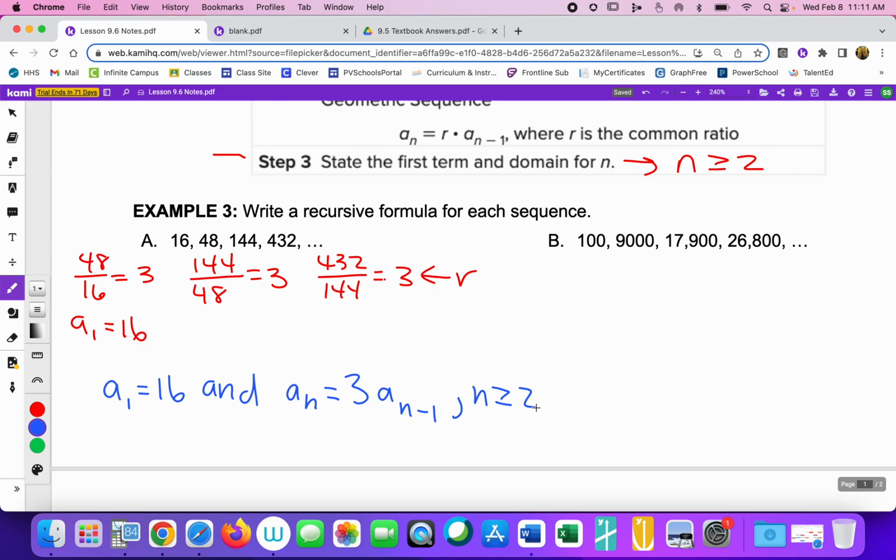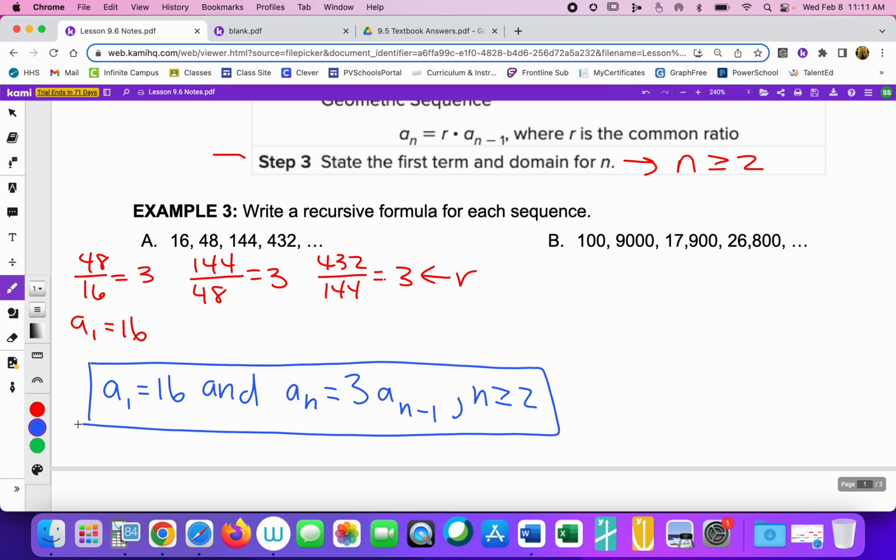Wait, we need to write all of that? Yeah. So this is your answer. First term is this because you need to know where you're starting if you were to do the sequence without knowing that. So it's the same information that we started with on example 2. First term, here's your formula, and n has to be at least 2, because 1 is already taken care of.